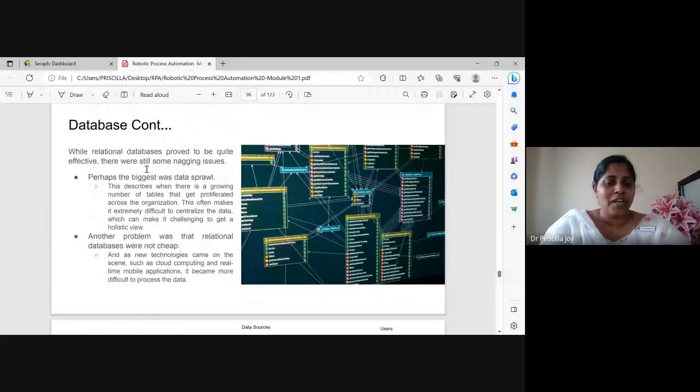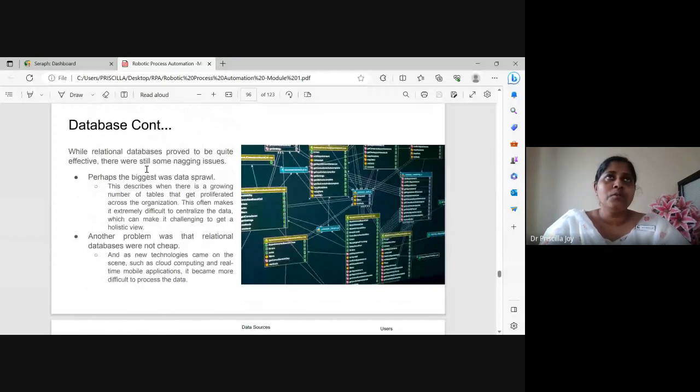And we can't provide a holistic view when there are so many relationships between one database and another. Because of this, we need RPA integration to maintain it.